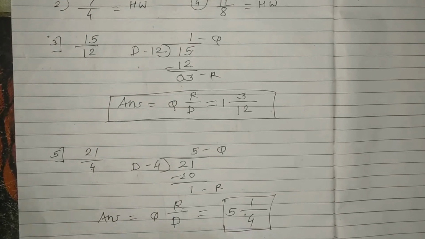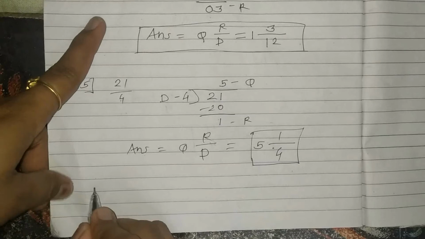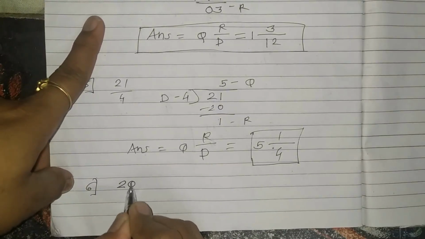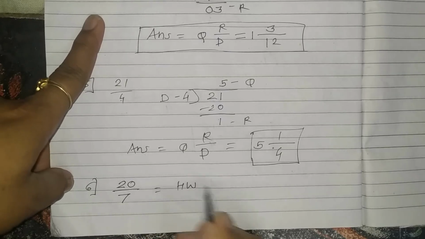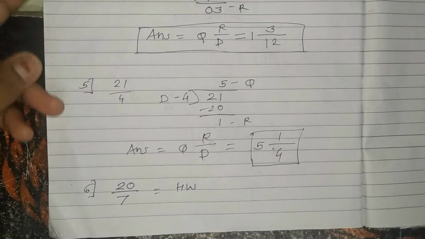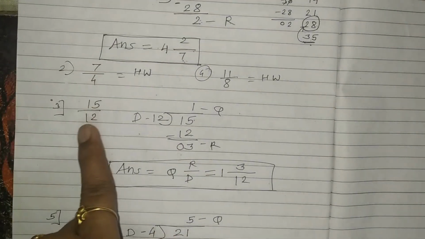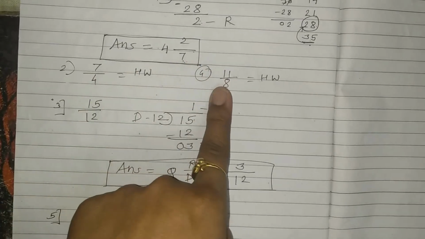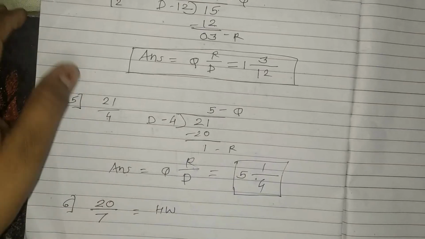Understand? And one more example is there, students: number 6. Will you complete it as homework? Very easy, so do this also as homework. 3 I solved, 3 for you for homework: problem number 2, number 4 and number 6 will be your homework.